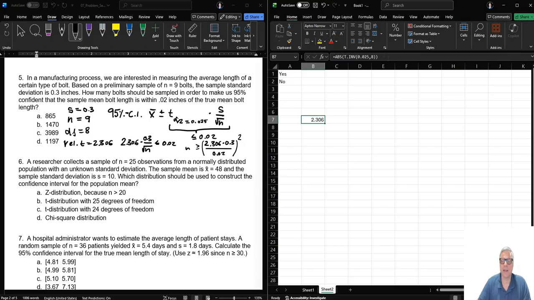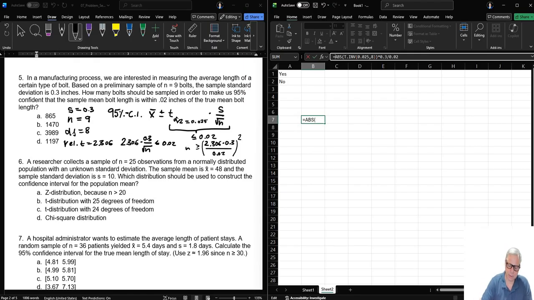Okay, now I multiply this term times 0.3, and then we divide by 0.02, and then I put parentheses around it again and I square it.